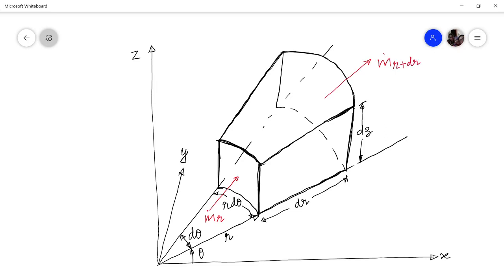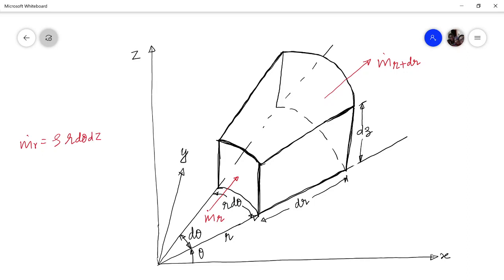So the question is, what is ṁ_r? ṁ_r is nothing but the mass flux entering the control volume through the r plane, that is the plane perpendicular to the r direction. So that will be density times area times velocity. What is the area? It is r dθ times dz. r dθ dz will be the area of this plane, and then the velocity in the radial direction.